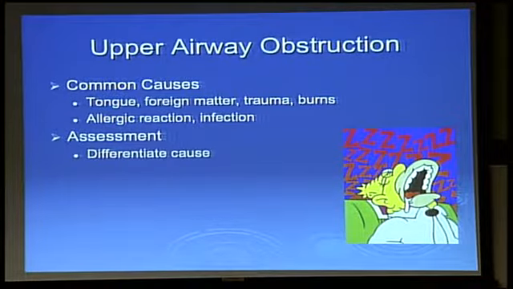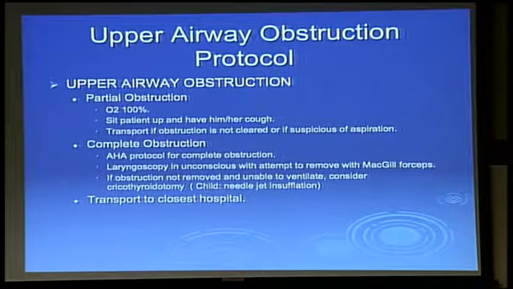So common causes, you can have the tongue falling back and obstructing the airway, foreign bodies, trauma, burns, allergic reaction or infection. So differentiating the cause is obviously key to treating upper airway obstruction. So if it's a foreign body that's obstructing the airway, for a partial obstruction, you're going to have the patient cough.